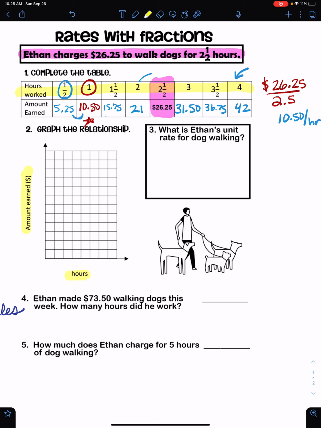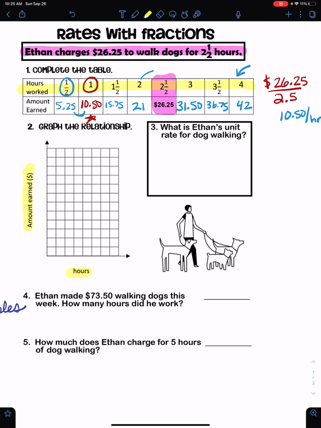So let's do that first because that's going to be our easiest axis to label. So I'm going to start here at 0. I think I'll do 1 hour, 2, 3, 4, and spread it out. I like that. Okay, the money has to go from 0 to $42.